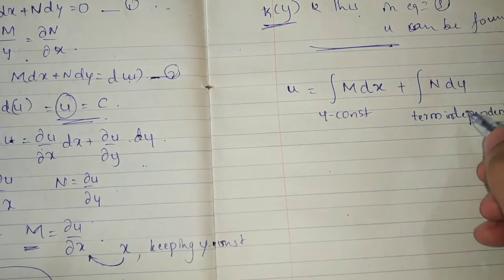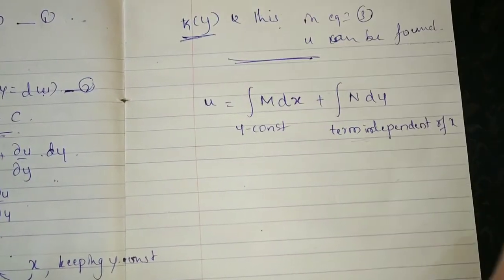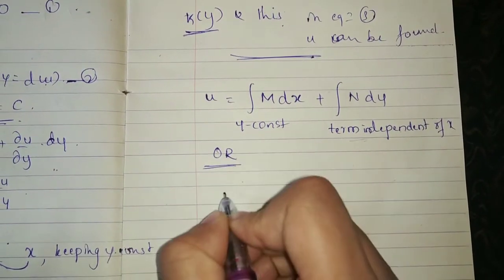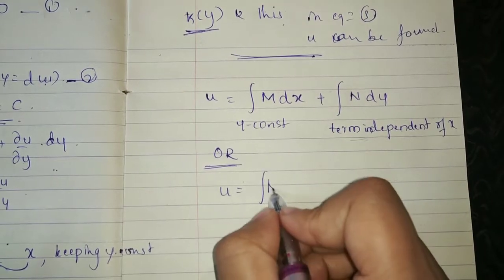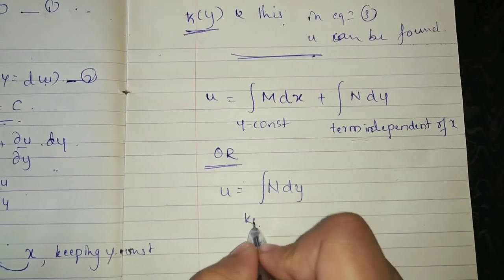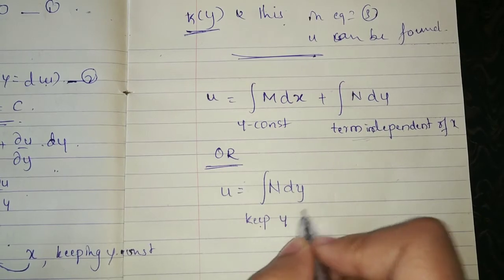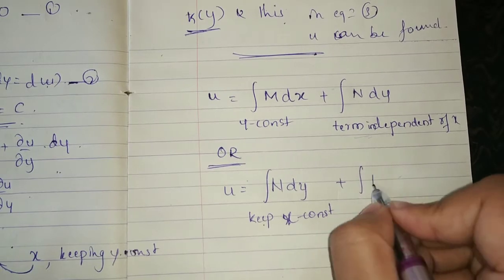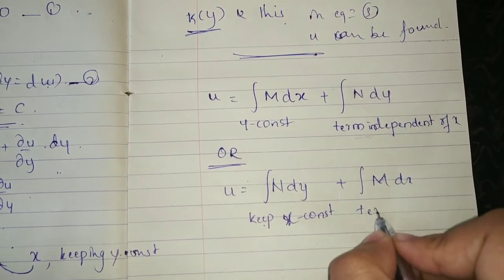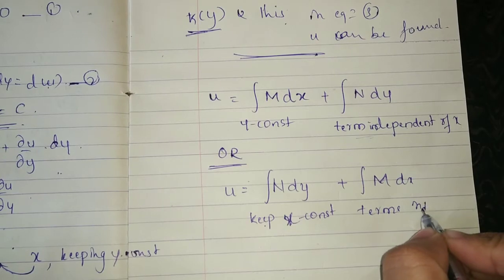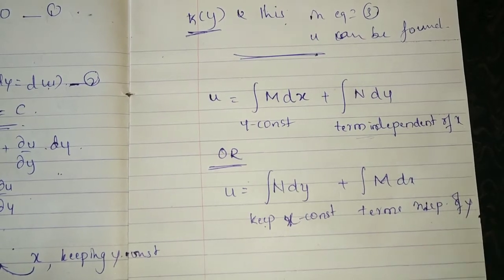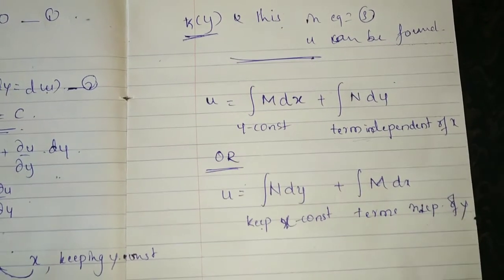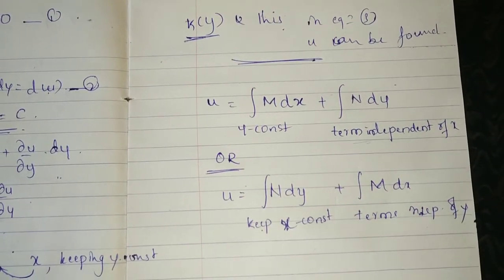Or we can use another formula to find u, which is the integral of N dy, keeping x constant, plus the integral of M dx. Here the terms independent of y should be considered. Either you can use this formula or that formula to find the value of u.